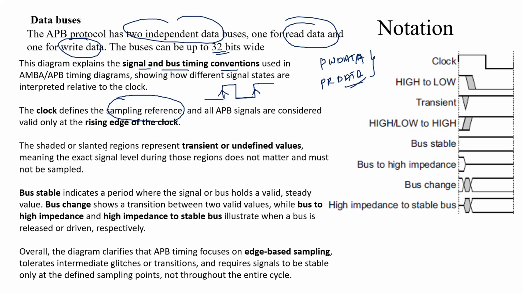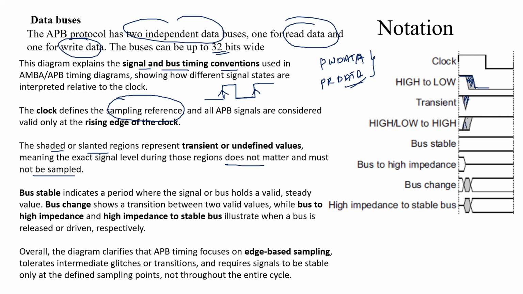And then this shaded or slanted region, the high to low region, is an undefined value. There is no value for it. That means the exact signal level during those regions does not matter and must not be sampled. In this shaded region we don't have any data, so we don't have to sample here.